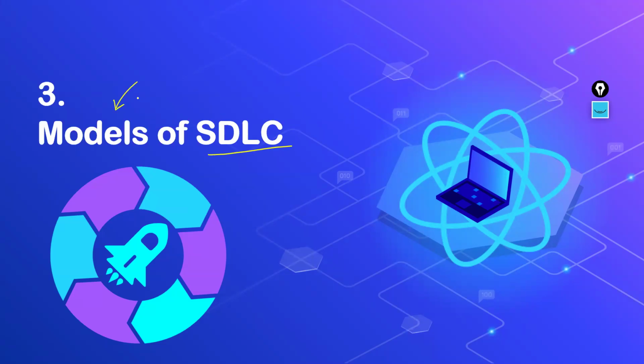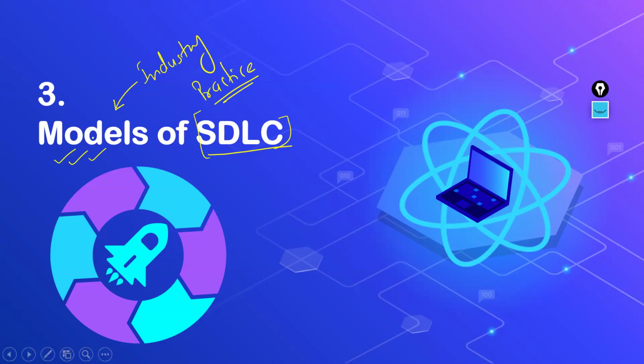Models are all about how the industry is actually practicing SDLC. There are different ways that industry can adopt to the SDLC approach, SDLC methodology. And that is what we call models.